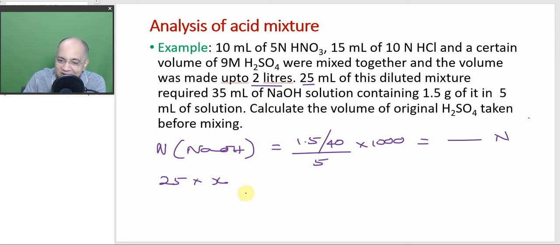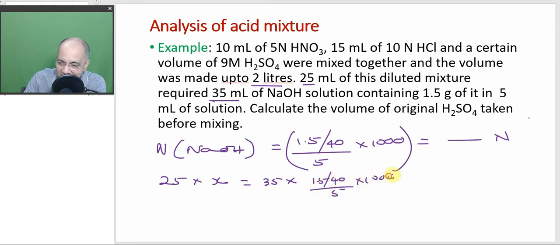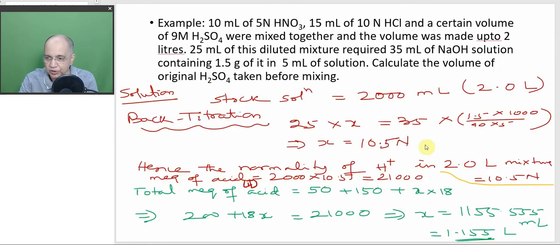So 25 into X is equal to 35 into this, whatever you get. So here we get X is equal to, let me show you, 10.5 N. So that is the normality of the mixture, the stock solution.